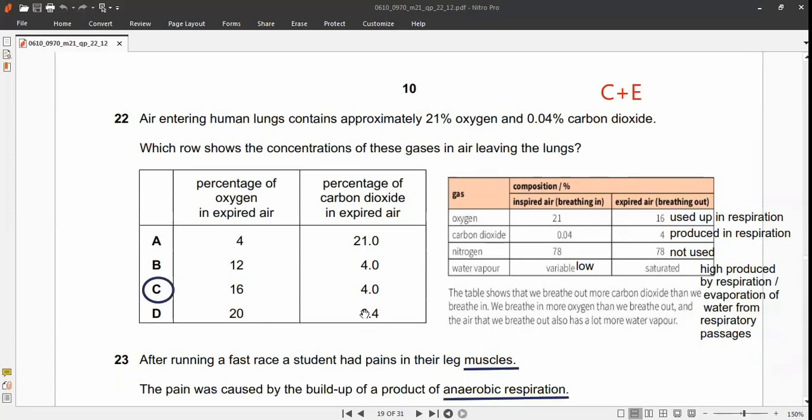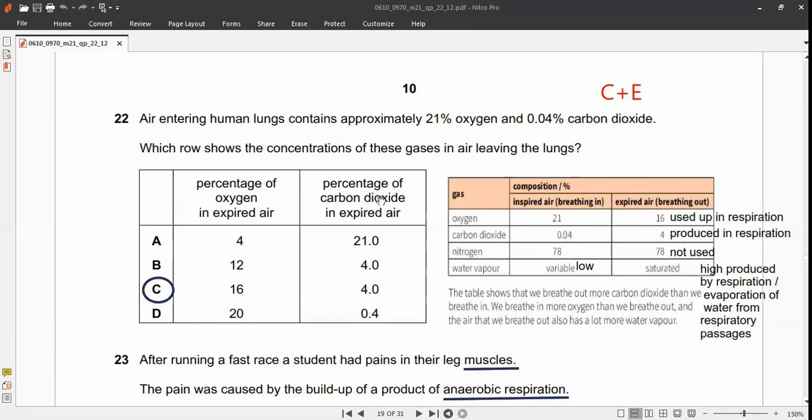The percentage of oxygen in expired air: 4 or 12, 16, 20. Yeah, so this is the table from your book. Oxygen gas, inspired air, breathing in, and expired air, breathing out. Breathing in, 21%, and expired air contains 16%. So the correct answer is C, 16% for oxygen.